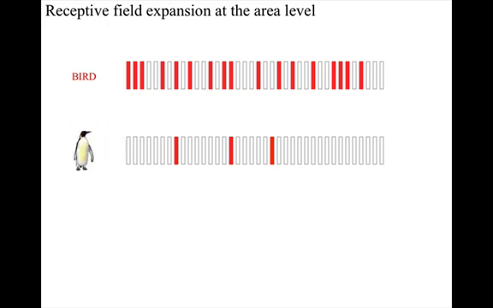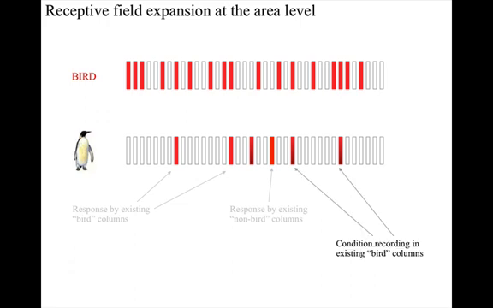But as in the example we discussed before, suppose you haven't seen a penguin before. Because of the novelty, less than the minimum number of receptive fields will be detected. Some will have bird-appropriate recommendation strengths and some won't. Receptive field expansions occur in columns with some similarities to the current circumstances.